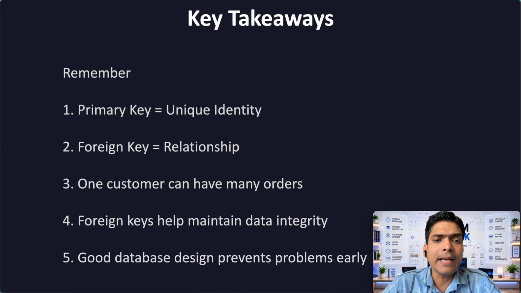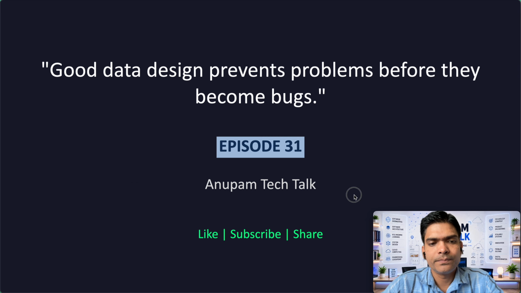Foreign keys can help maintain referential integrity. And finally, good database design helps prevent data problems before they become application problems. These may seem like basic concepts, but they are fundamental to building reliable systems.